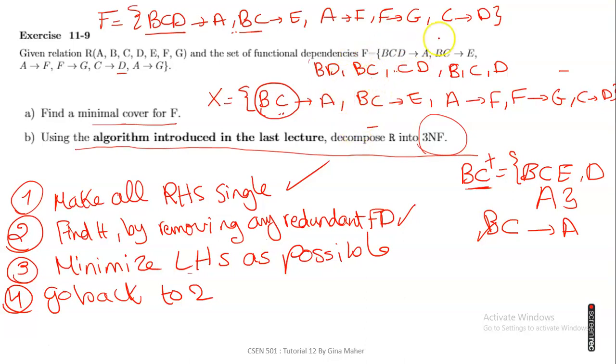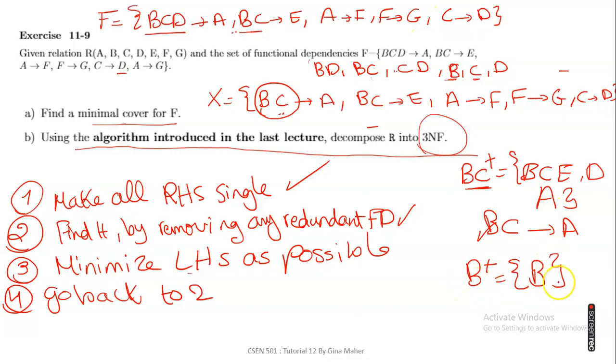Now, simply, we can check B closure and C closure. B alone. Now, B closure, there is no D, so we cannot add this. There is no C, so nothing will be added there.